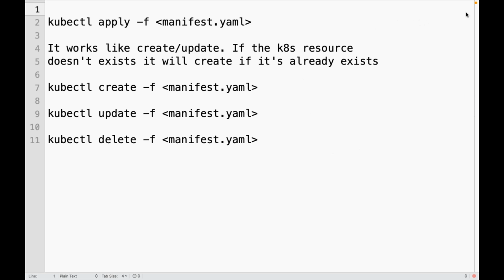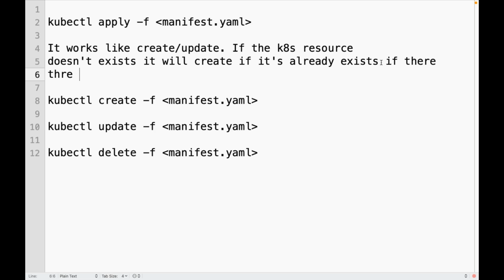Is it going to check whether it is updated or not, whether it is correct or not? If there are some changes, it will update. If it already exists, it will update.